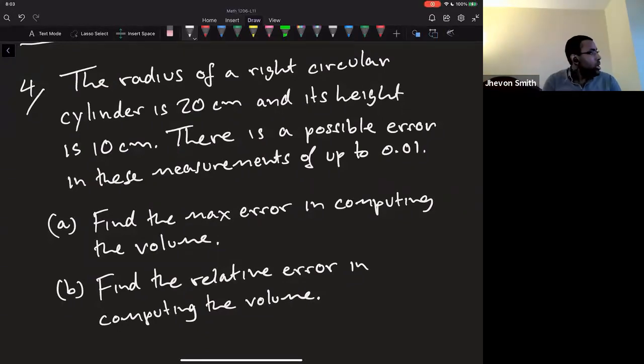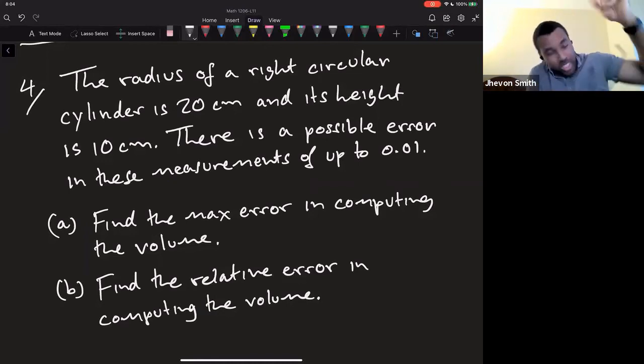Okay, so again, not a super interesting application, but just to give you a simple application to understand what's going on. So we're measuring the dimensions of a cylinder, but they sent Frank. Frank forgot his glasses. So Frank is, I think, 20 centimeters for this one and 10 centimeters for that one.